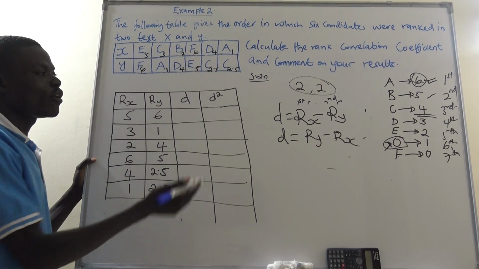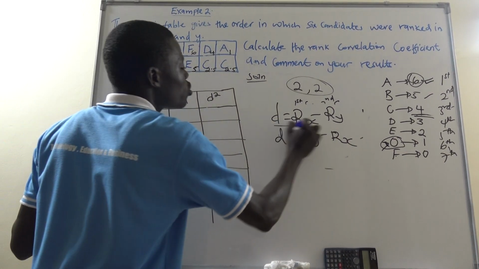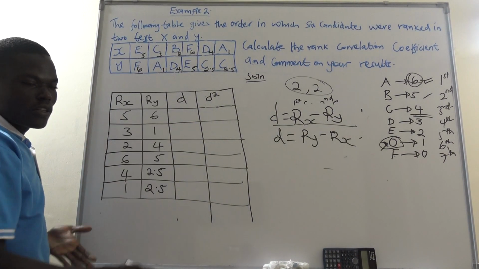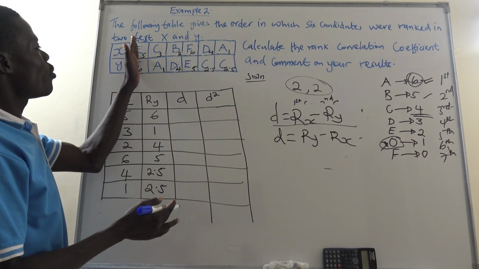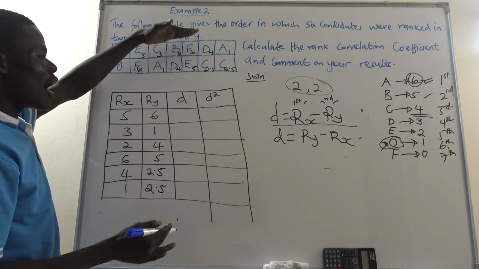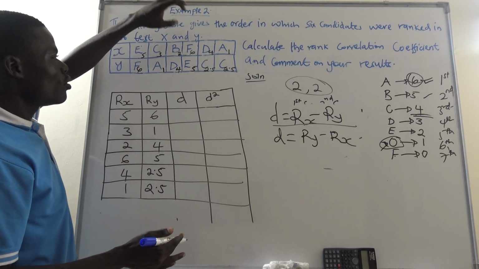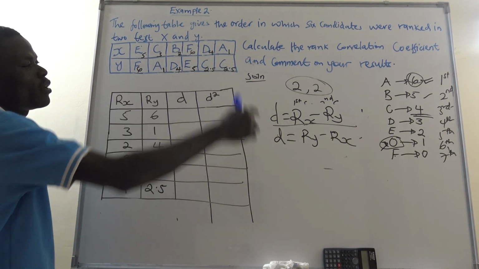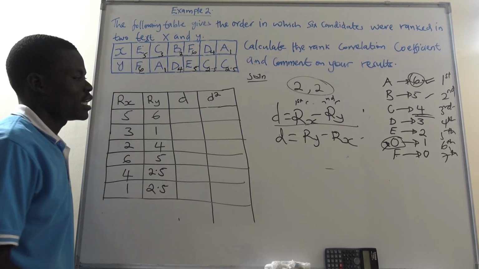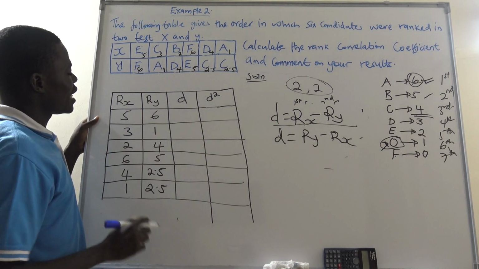You will take one of those, but whichever you choose, use it for the whole set of data that you are having. And make sure you put this ranking in the order in which they appear above. If you don't put them in their order, you get a wrong difference, which will make your correlation or uncorrelation wrong. So you go ahead and get the difference.